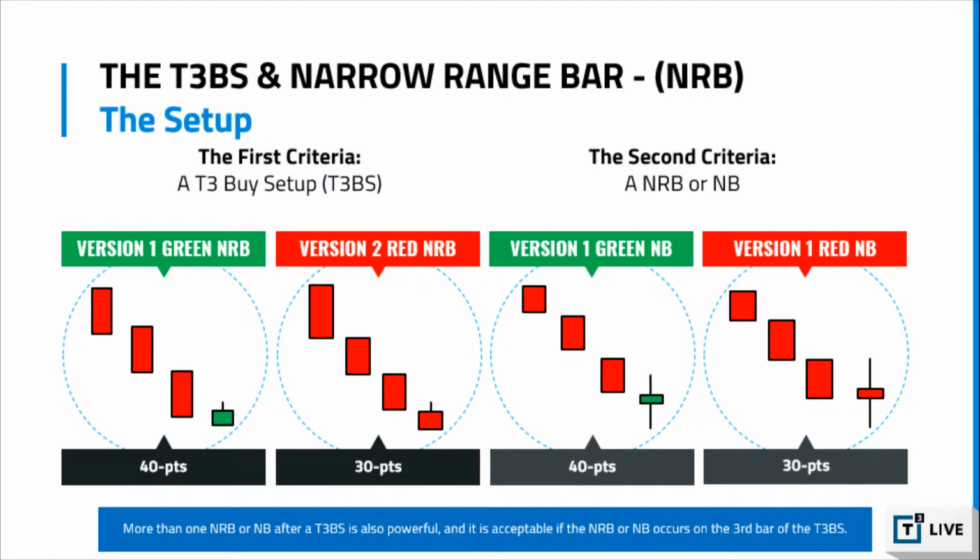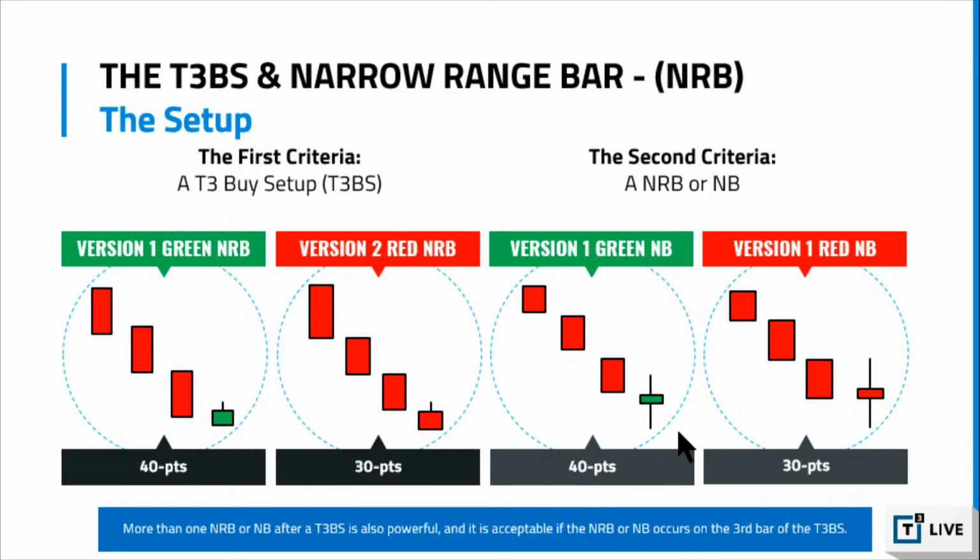The first two are considered narrow range. The last two are considered narrow body. If we get a narrow range or a narrow body bar after 3 or more red bars, that setup gets 10 extra points. It's an amplifier. It makes the setup even better.